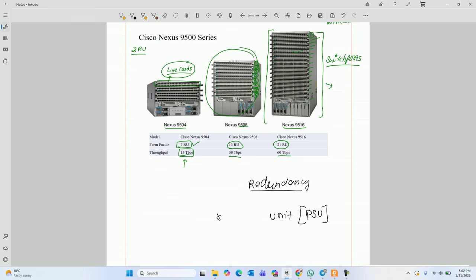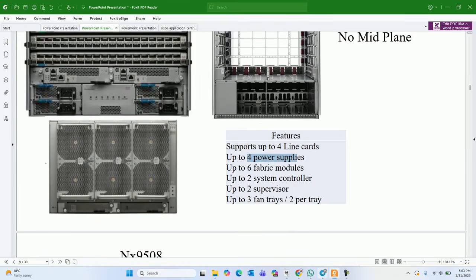So that's why in data center networks, you see all kinds of Nexus switches. They always focus on having multiple power supplies. Then we have up to 3 fan trays, or you can have 2 fan trays.